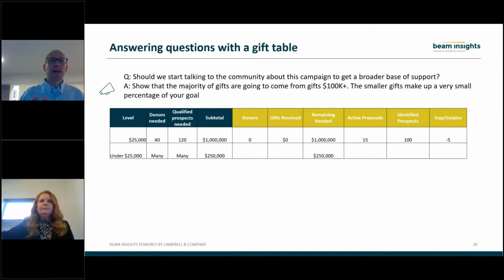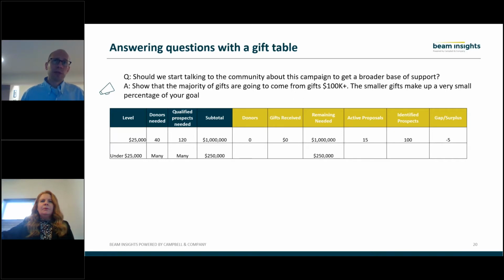In this instance, we're drawing down all the way to the lowest level and showing that while a good portion of the goal is going to be made up by many smaller gifts, the focus of our activity should be on the first 75 to 80% of the goal, where those one-on-one interactions are going to drive whether or not you're successful in achieving that goal.